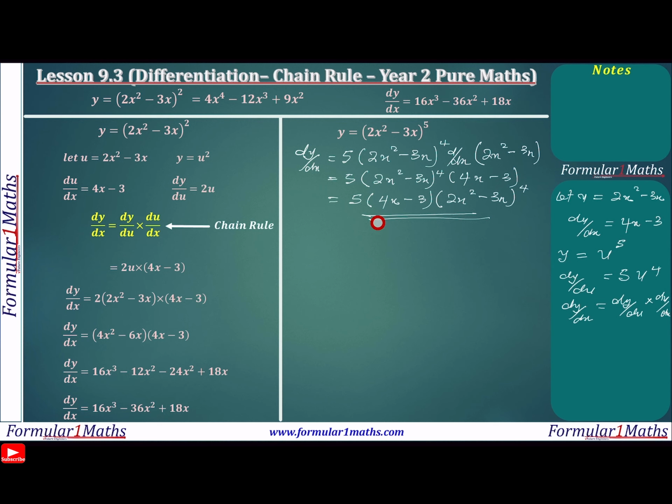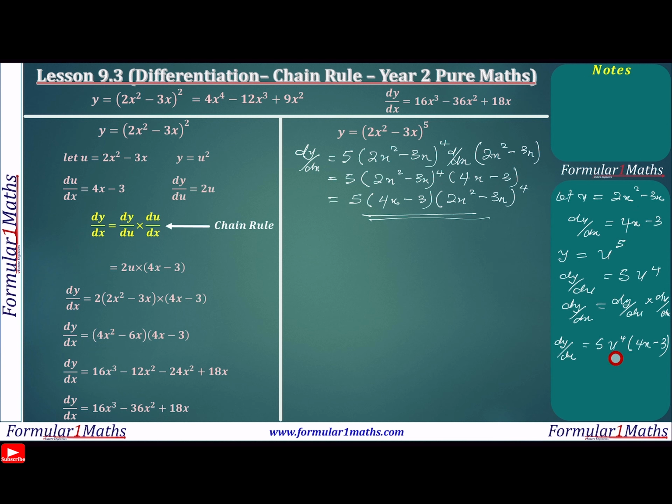But the formula says dy dx will be equal to dy du times du dx. And so dy du is 5u to the power 4, and du dx is 4x minus 3. So dy dx will be equal to 5u to the power 4 times 4x minus 3.